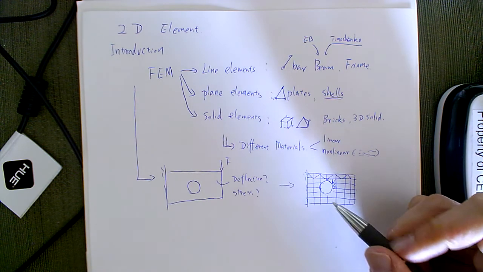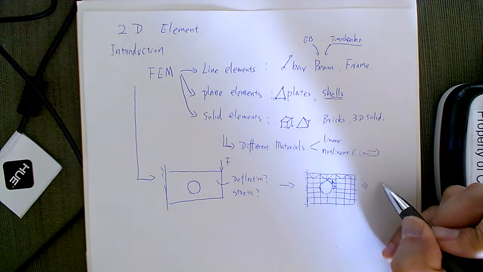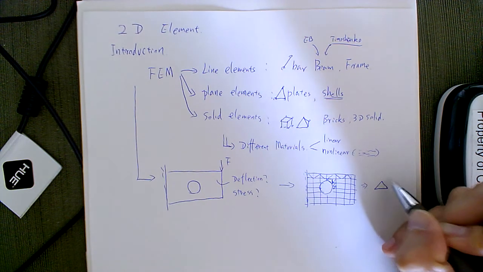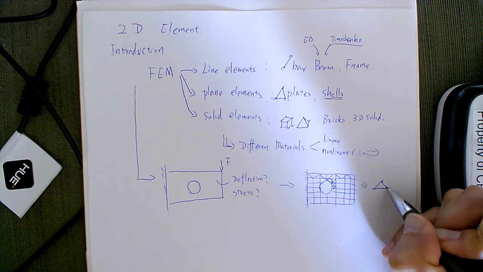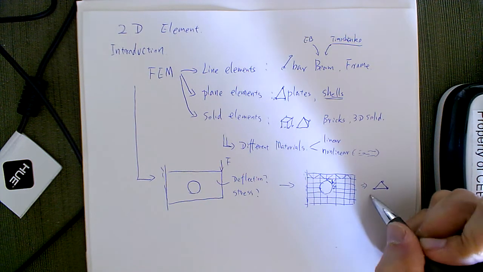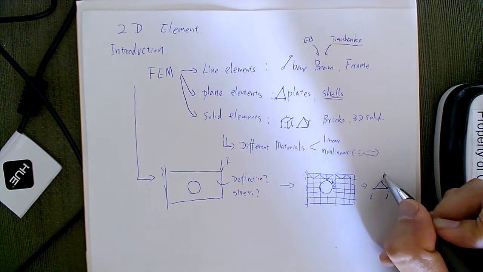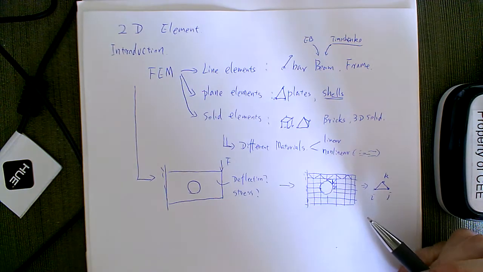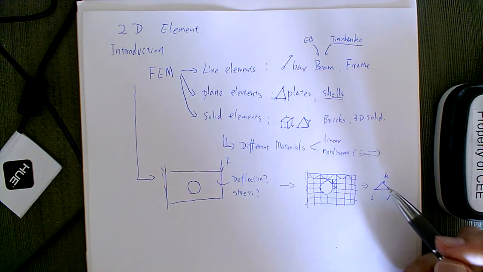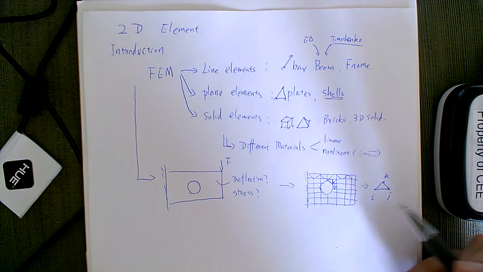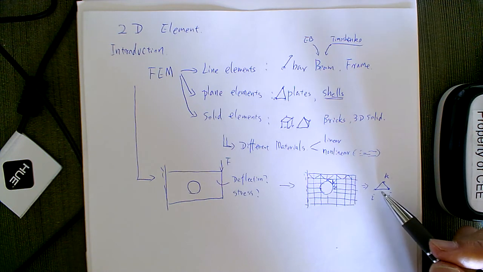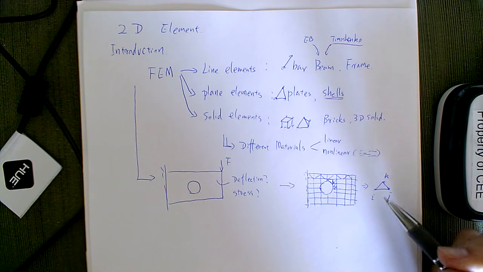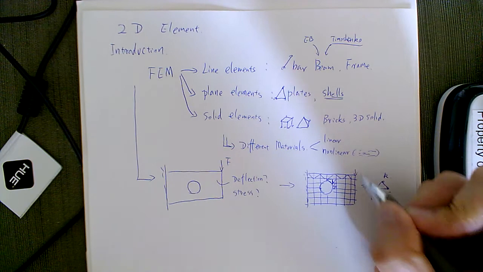But at the end of the day, if we can establish an element that is a 3-node triangle at nodes I, J, and K, and then if we can do a shape function, we can get the internal stress and strain using the infinitesimal strain, and then we can get the EK, and then we can assemble this entire thing.